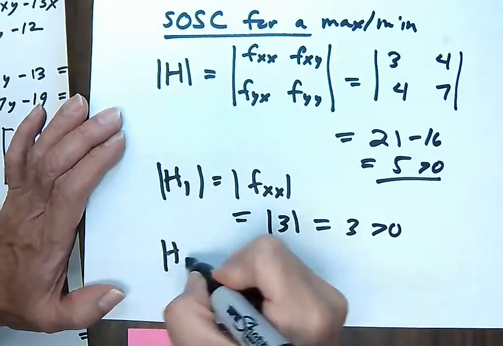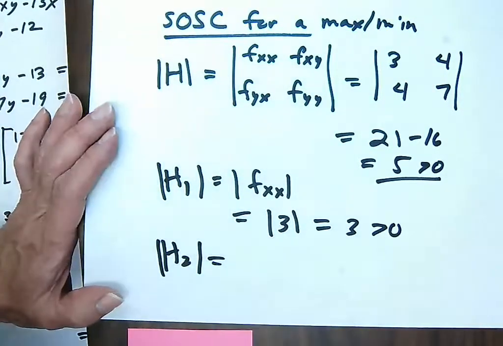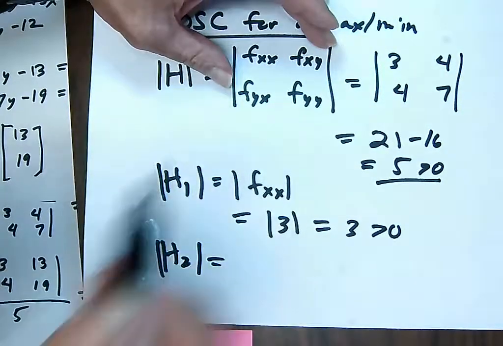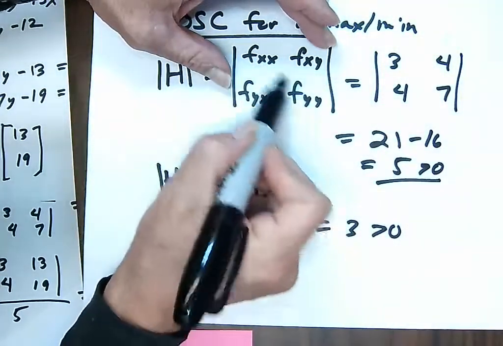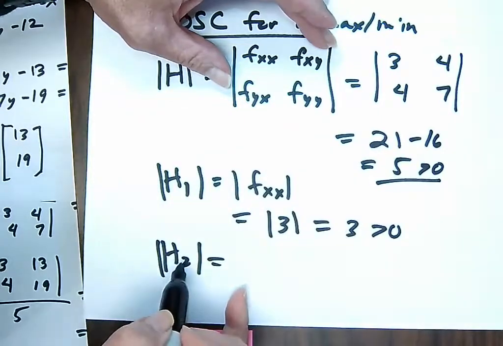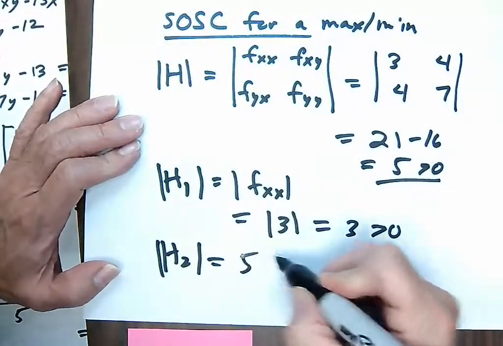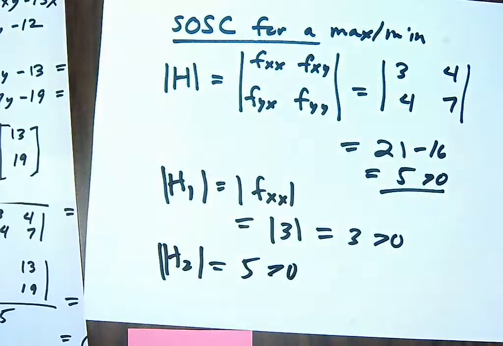We also know that the second principal minor of our Hessian is a subdeterminant of the Hessian, which contains the first 2 elements along the principal diagonal. So the second principal minor of the Hessian will just be the Hessian itself, and we already know that's equal to 5, which is positive.